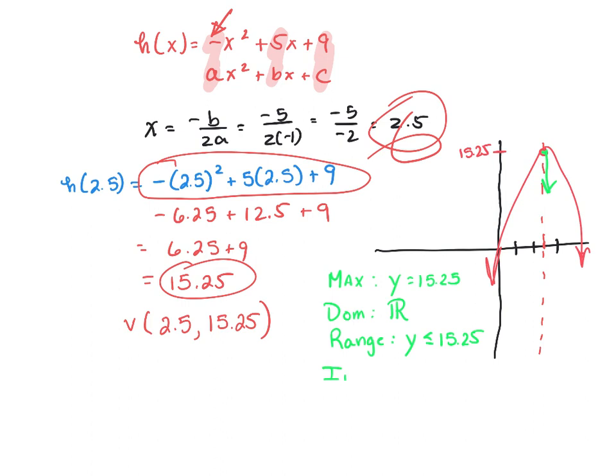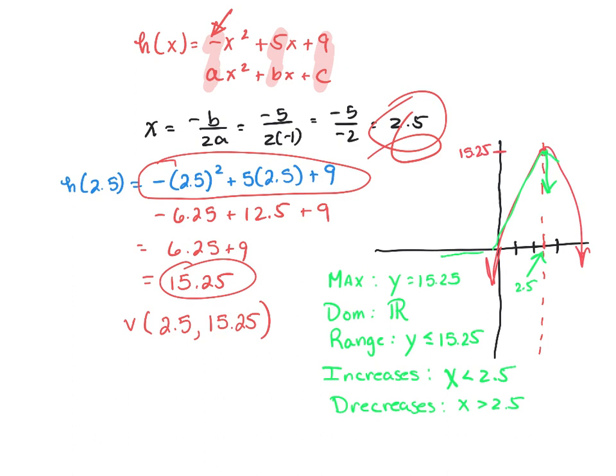When does it increase? It increases as I'm going from left to right. It's increasing. So it increases when y is, or x is rather, less than 2.5. That x value right there. And then it starts to decrease when x gets bigger than 2.5.